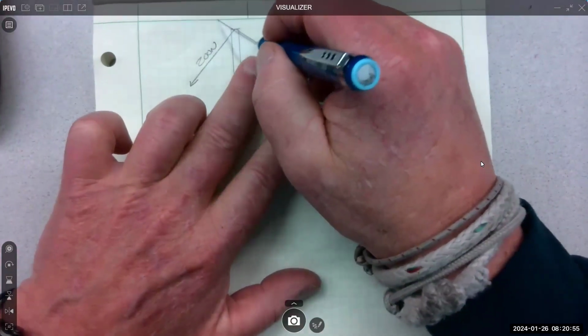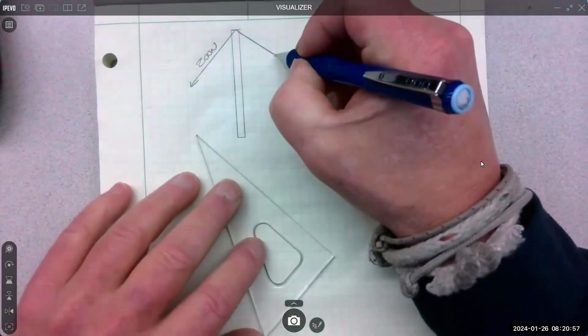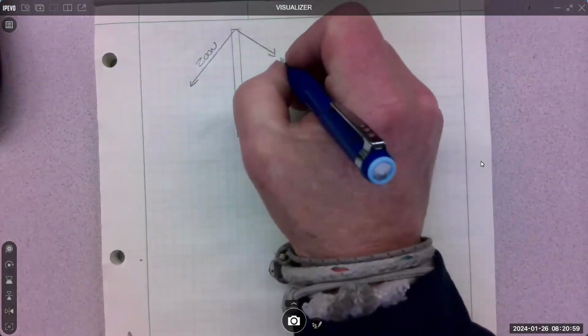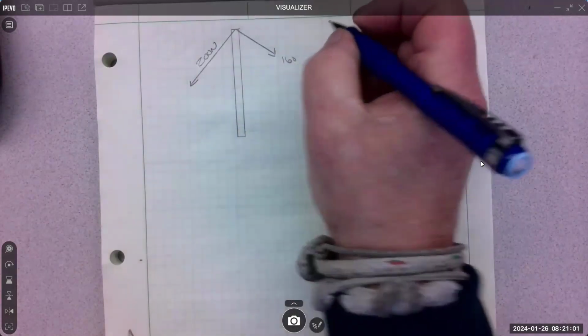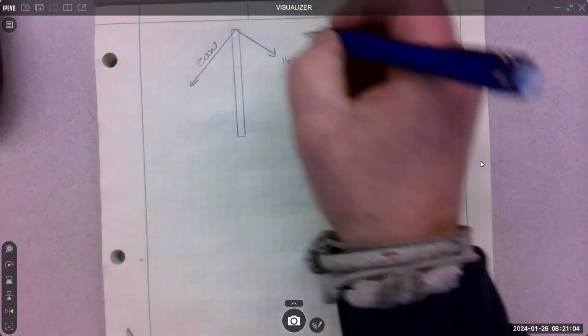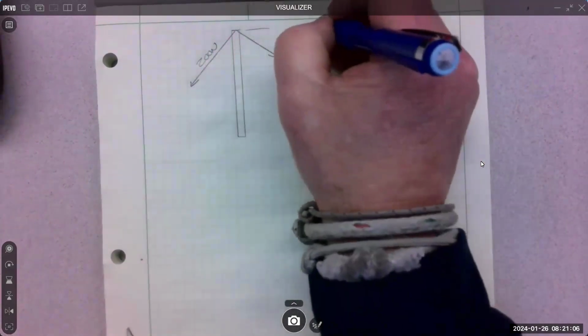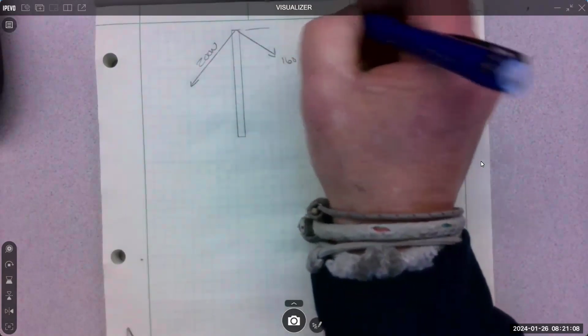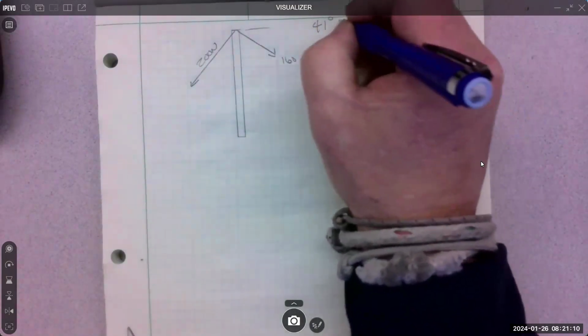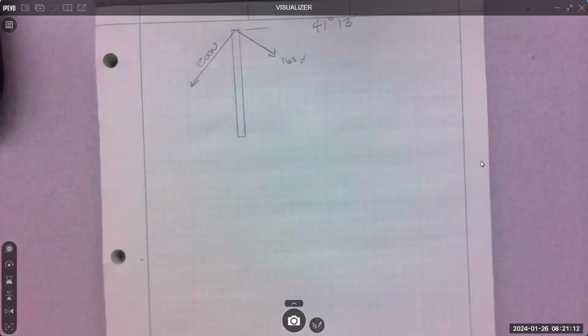This is shorter. And then the angle is 41 degrees, 13 minutes. That one.